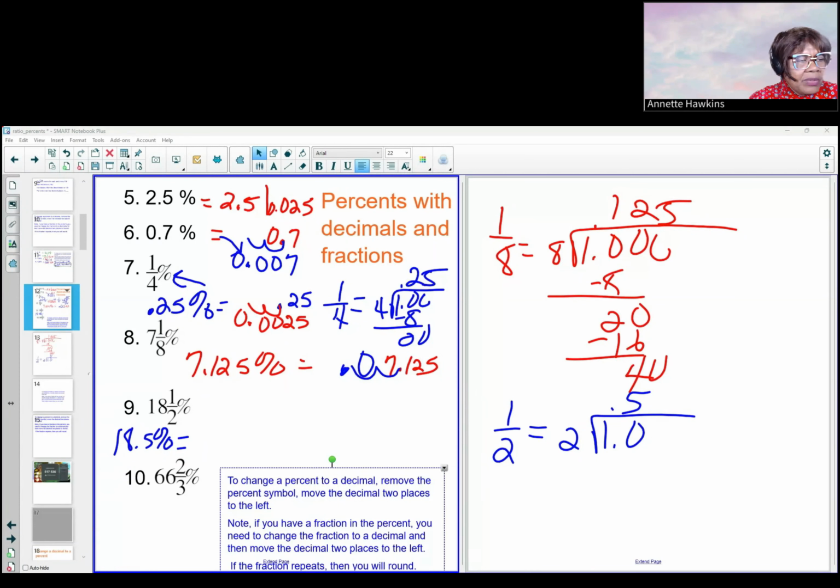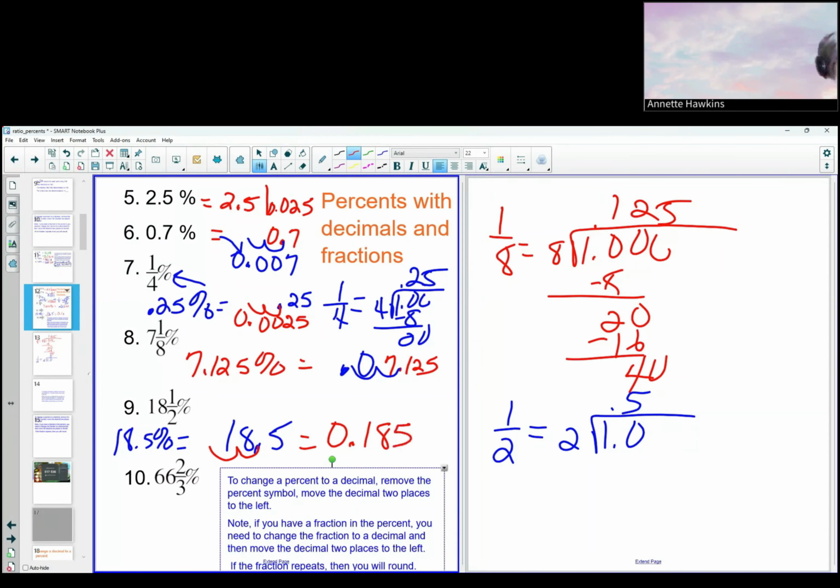Did anyone else have their answer? Okay, so I get 18.5, and I need to move it 2 places. 1, 2. 0.185. Very good.